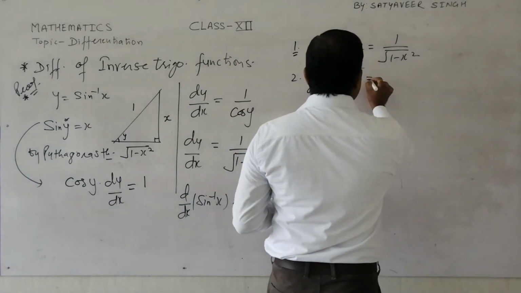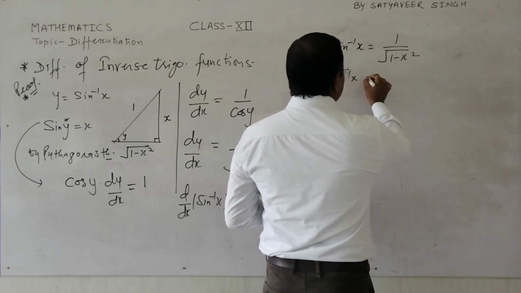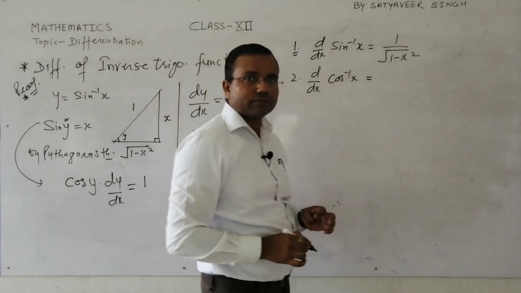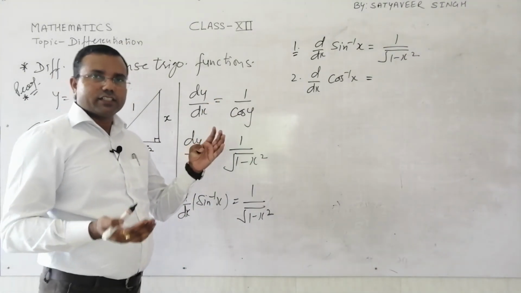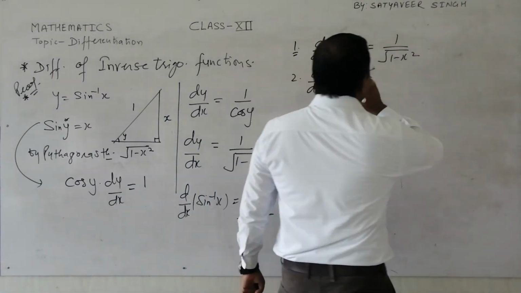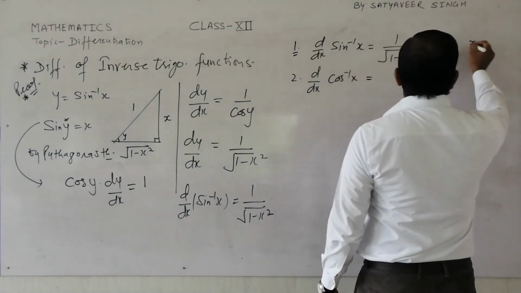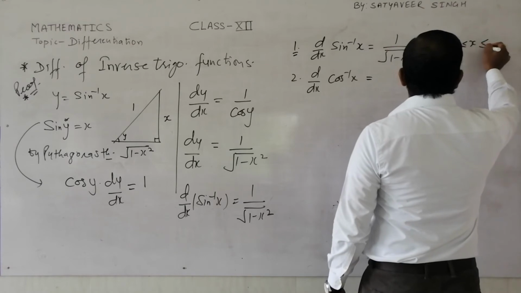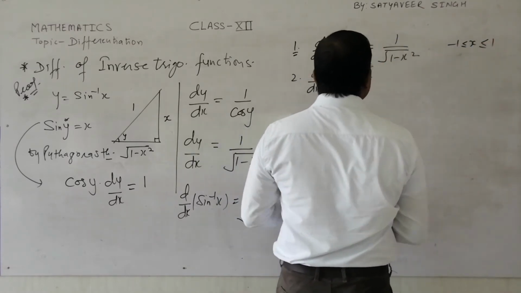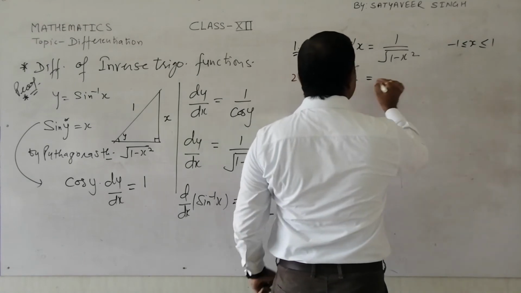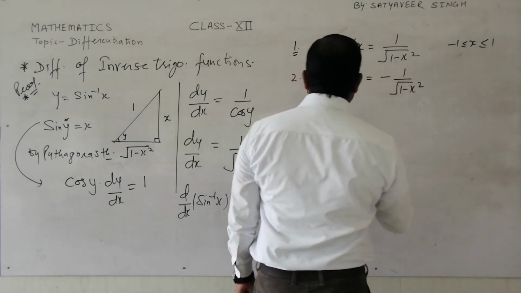Domain of the sine inverse x? Yes, it is minus 1 to 1. So we can write x is greater than or equal to minus 1, less than or equal to 1. So this is cos inverse x, we can write minus 1 upon root 1 minus x square.